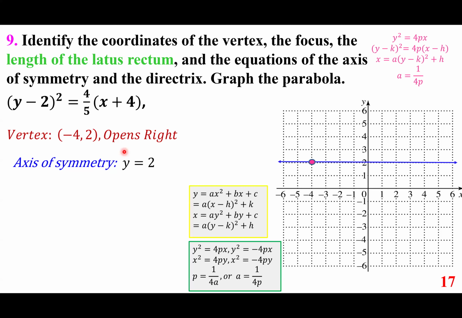Now, what I want to make a point of before we continue, this is the location of the vertex. I want you to know the graph looks something like this already. Somewhere inside is the focus, and this line is the directrix.